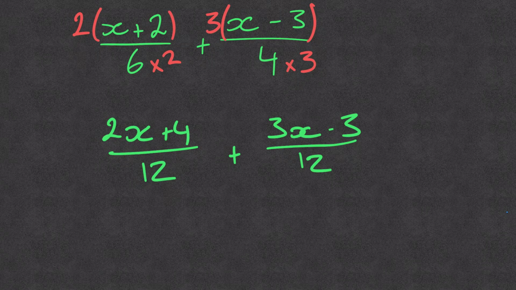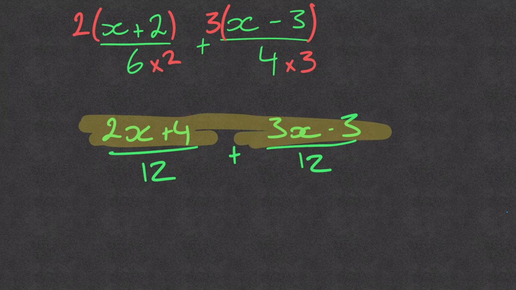Now, that kind of looks confusing, but what I said to Nathan is forget about the bottom and just look at this top part as one big long equation. So 2x plus 4 plus 3x take 3. Combine your like terms. You got a positive 2x and a positive 3x.